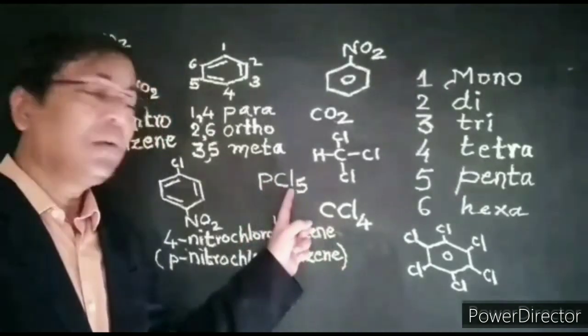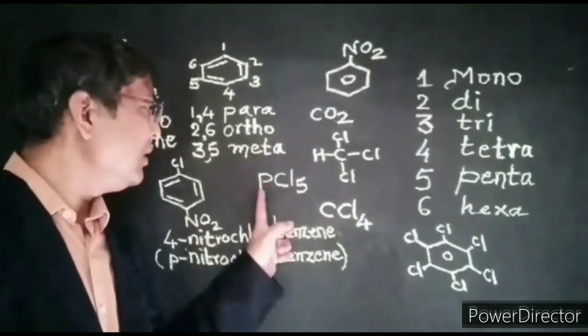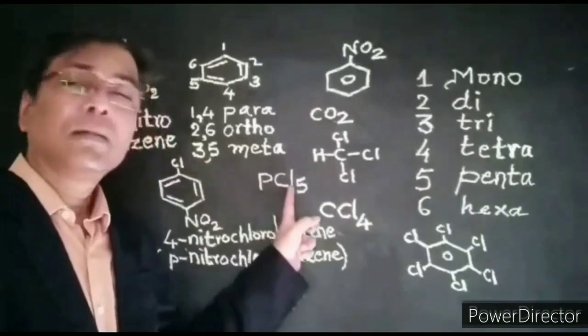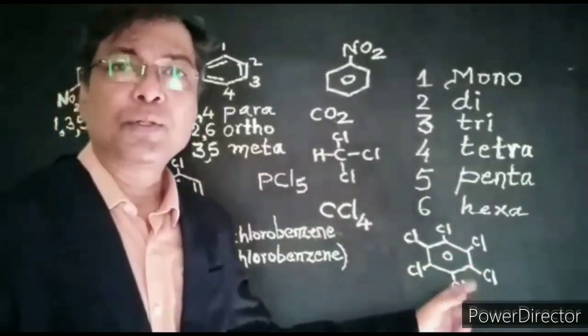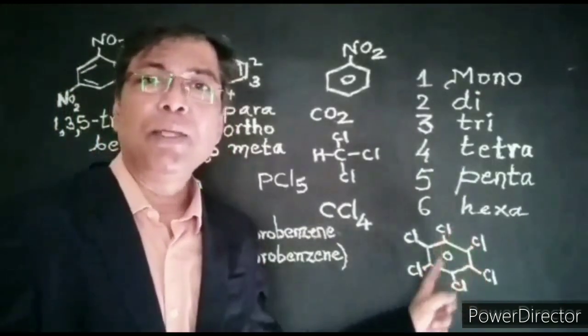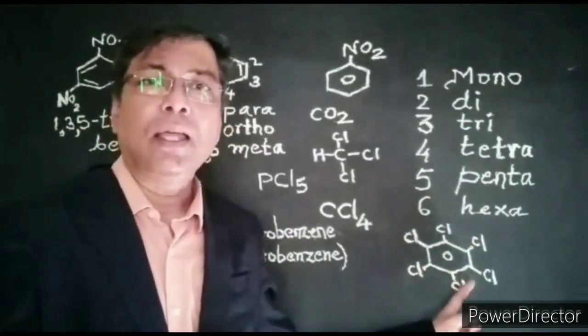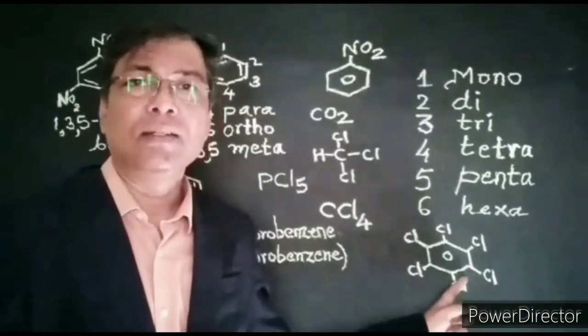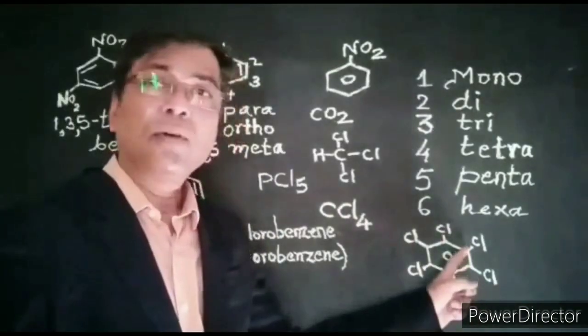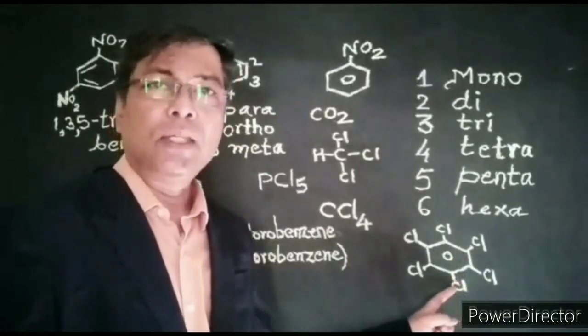Here there are 5 chlorine atoms present. It is phosphorus pentachloride, and 6 chlorine atoms are substituted to benzene. Its name is benzene hexachloride or hexachlorobenzene. The name of this compound is hexachlorobenzene.